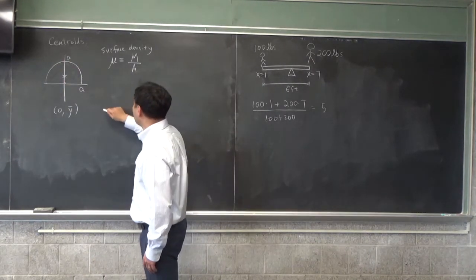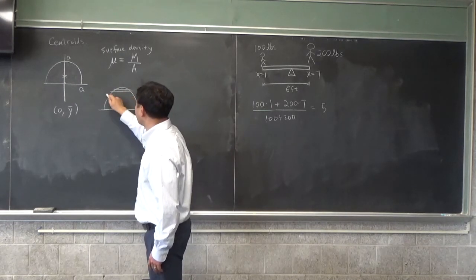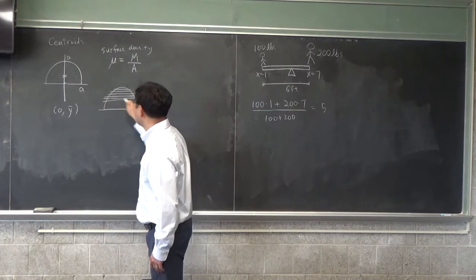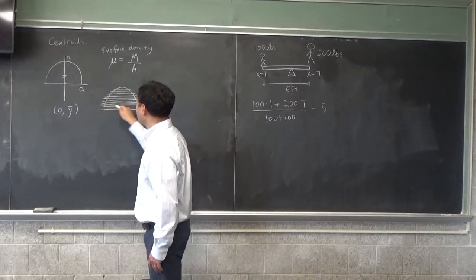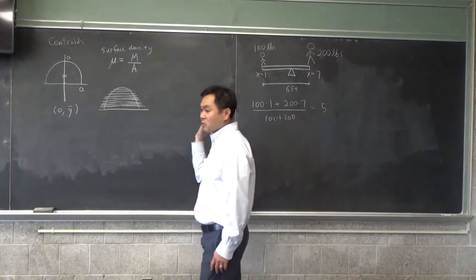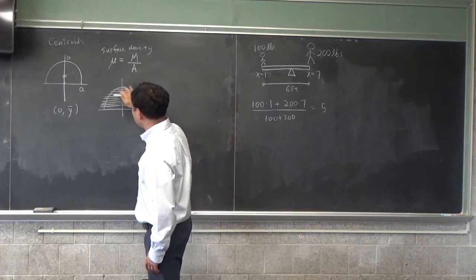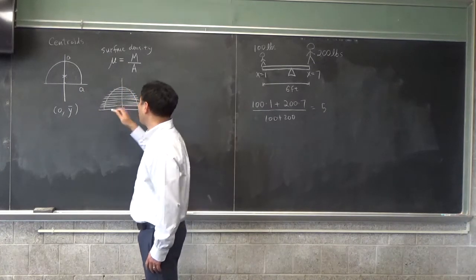So what we want to do is take this and divide it into very, very thin pieces. The reason we want to divide it into horizontal pieces is that the points on the same piece have the same y value, right?